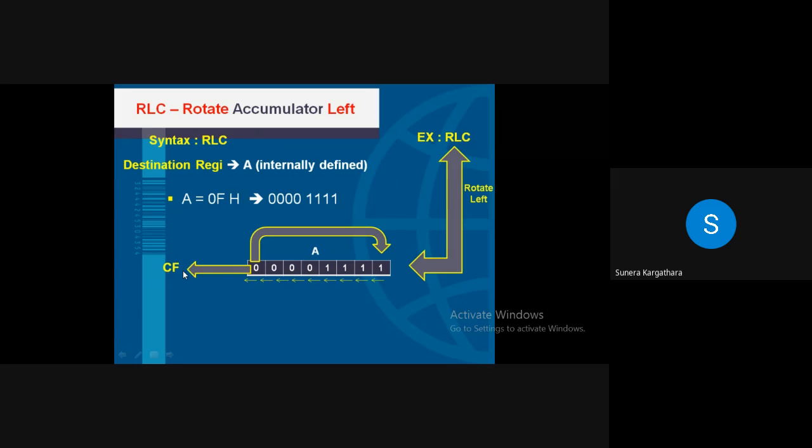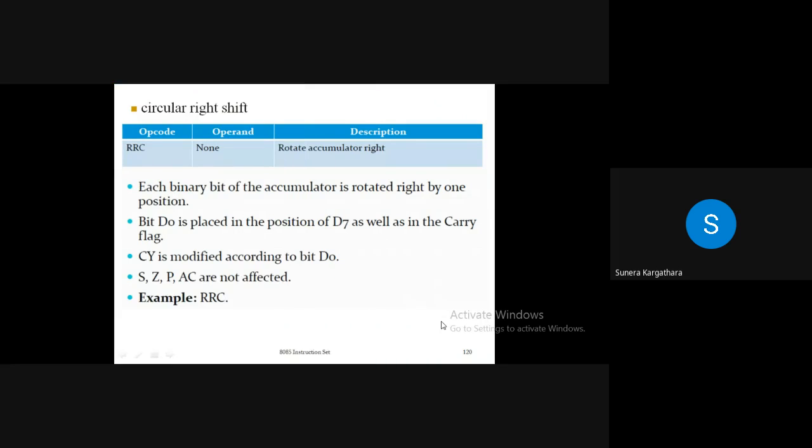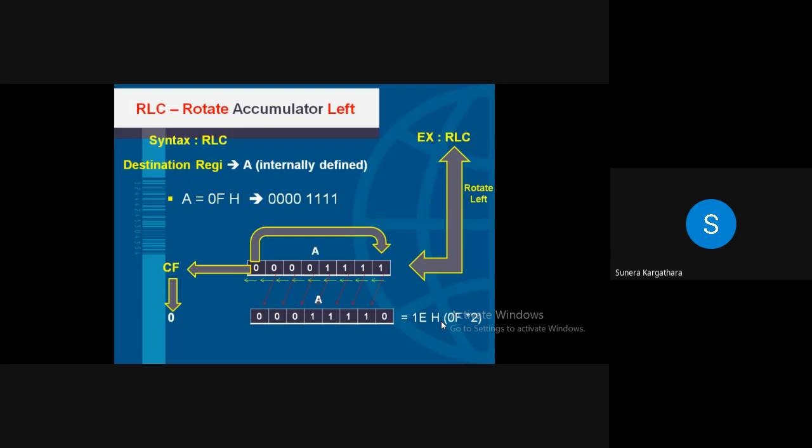This 0 will transfer to carry as well as D7 to D0. So ultimately your result will be the shifting of 1 bit left side. यहाँ पे जो आपका D7 बिट था वो carry में भी गया है और D0 बिट में भी गया है. So 0, 1, 1, 1, 1 and remaining 3 are 0. So you'll find your content is 1E. Any doubt here, student?